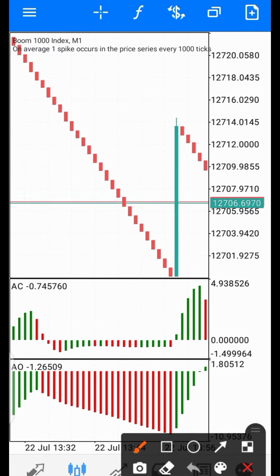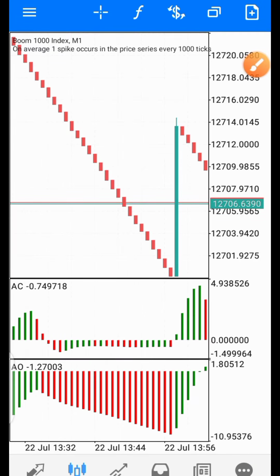If you are trading 300, Crash 300 or Boom 300, use 0.5.